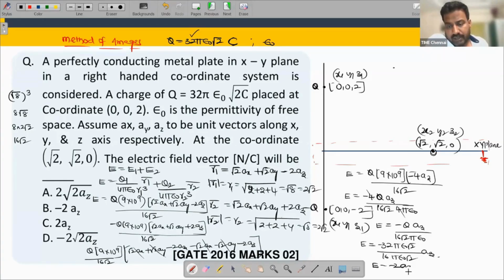So this will be minus 2 az. Verified, everyone? Chandahari verified.